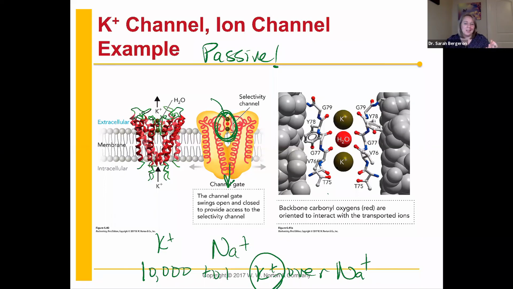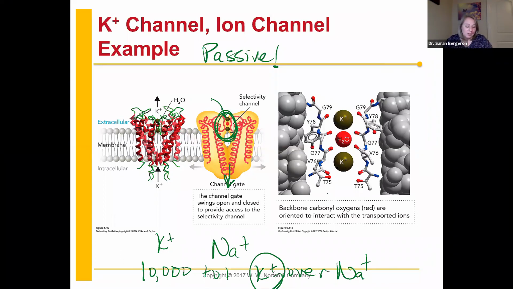Sodium, on the other hand, needs 6 waters in order to be hydrated. So the amino acid side chains don't line up perfectly. They're not appropriately spaced for sodium, so it doesn't interact very well, and sodium gets kicked back out. Potassium can come through because the number of charged residues on the inside matches the number of waters that potassium needs.